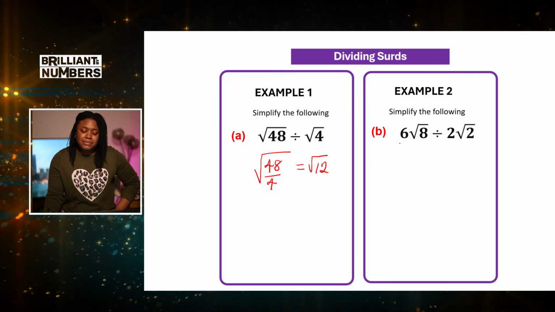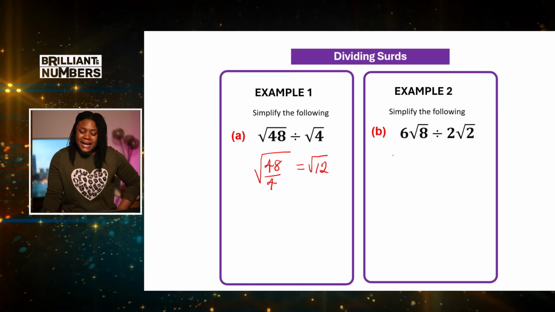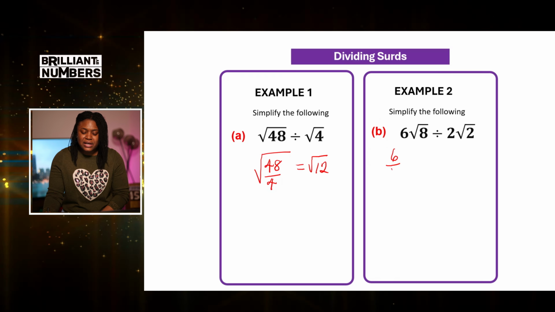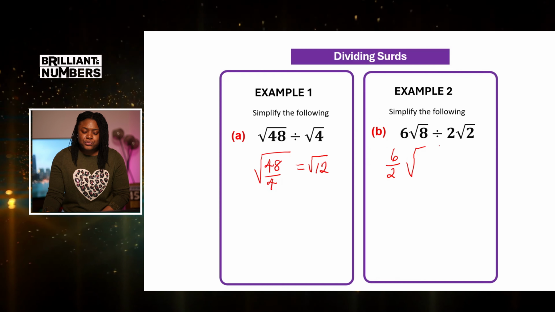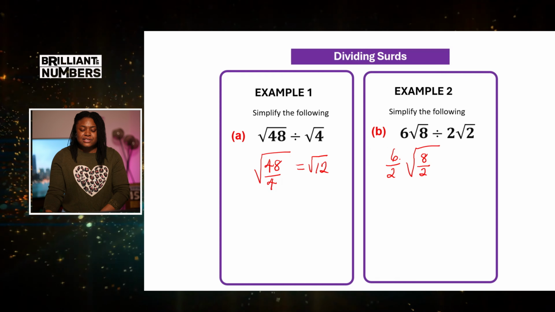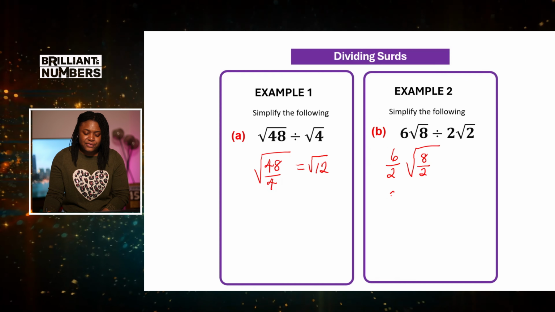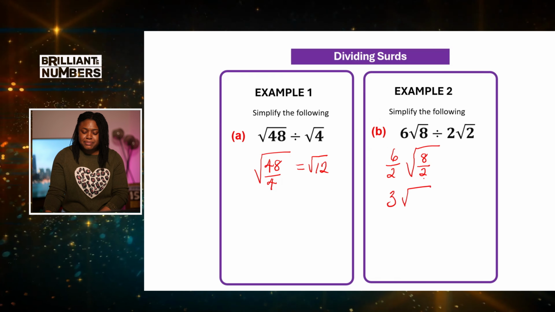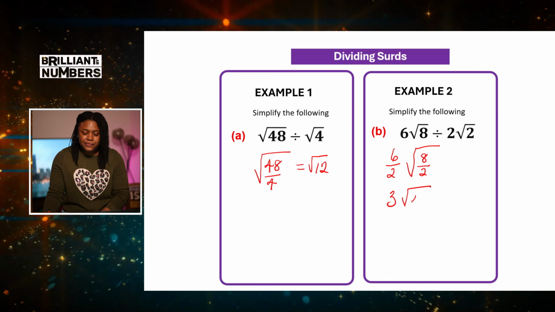So again, we learned before we need to combine the like terms. So we're going to do 6 divided by 2 and then root 8 divided by 2. So 6 divided by 2 is 3, and then root 8 divided by 2 here will give us root 4.